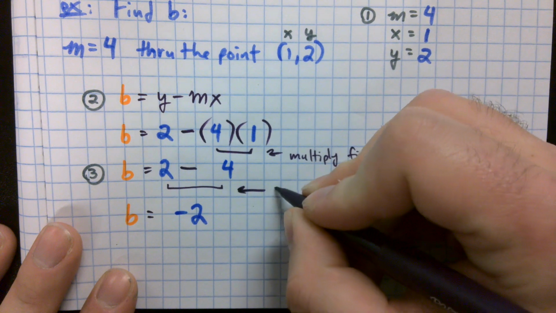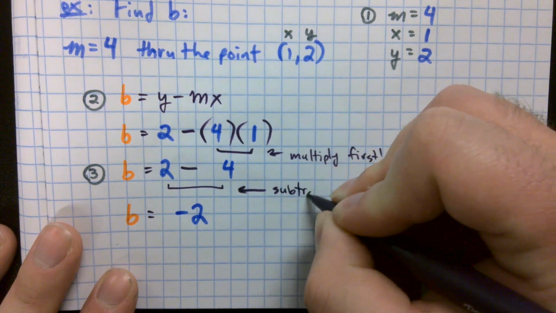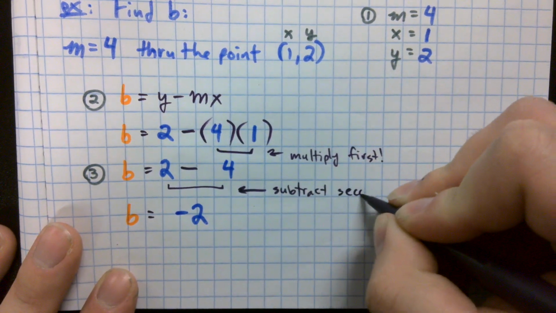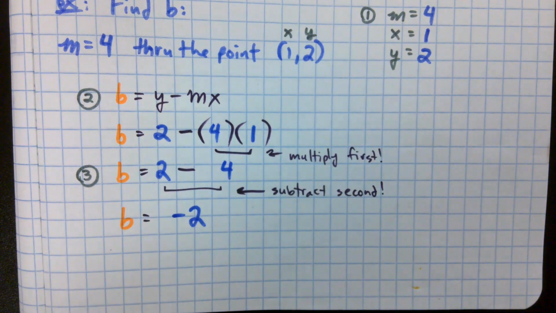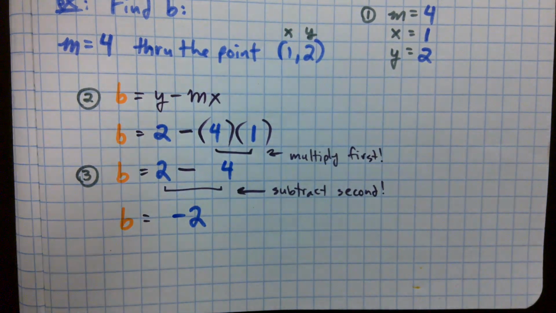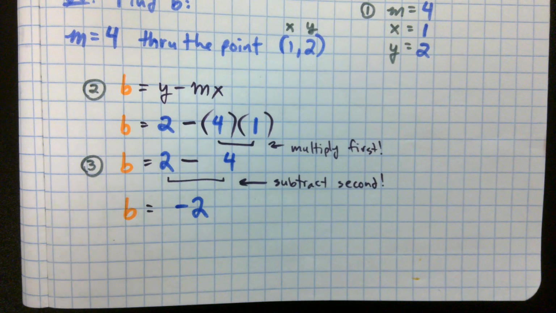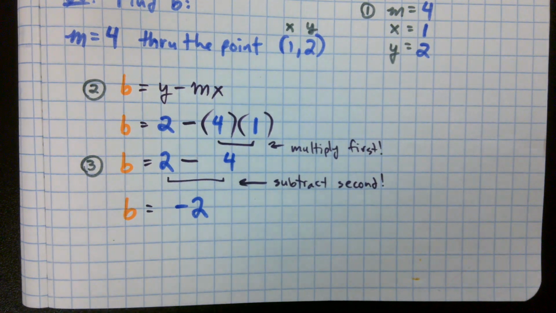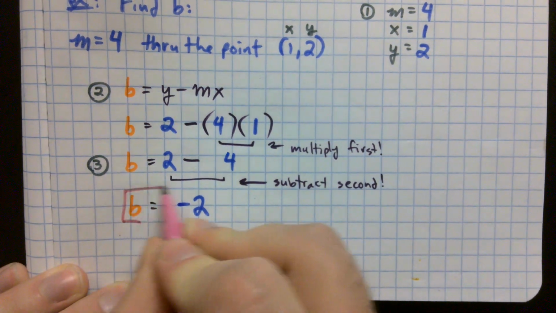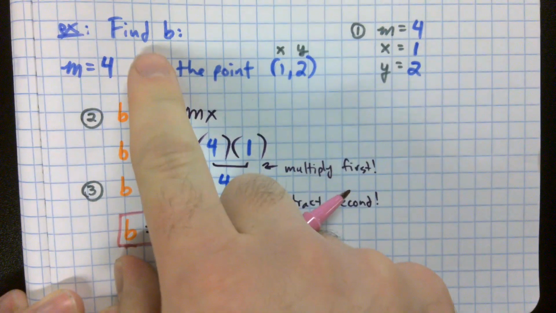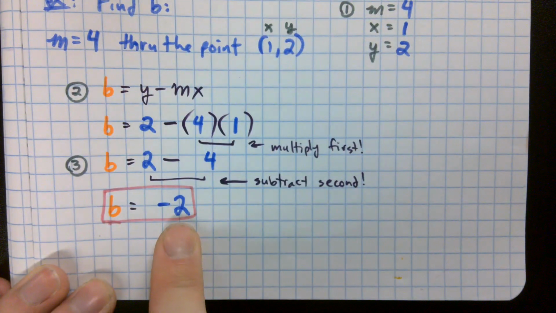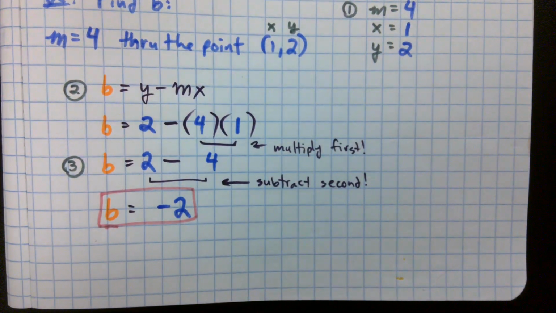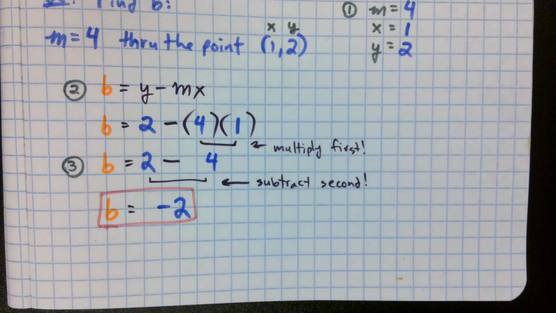Multiply first. Subtract second. And we get b is equal to negative 2. The question was asking us to find b, and we did that. So there's our answer. b is equal to negative 2.